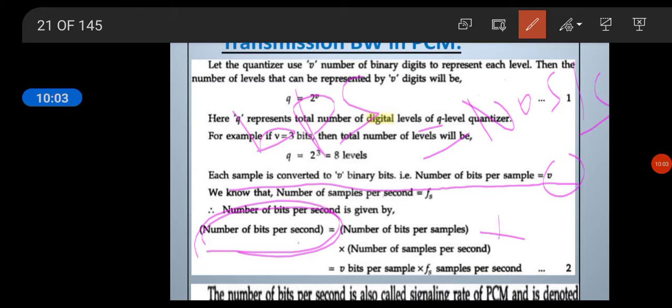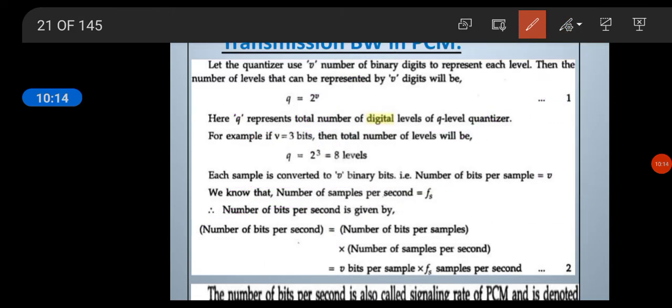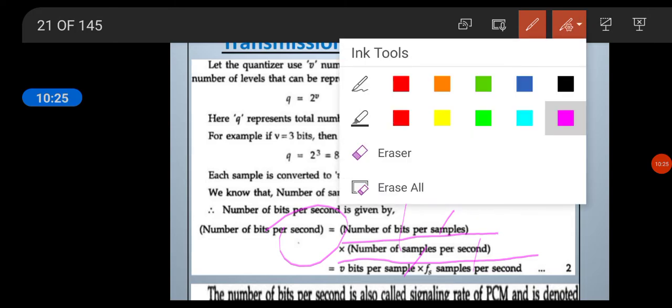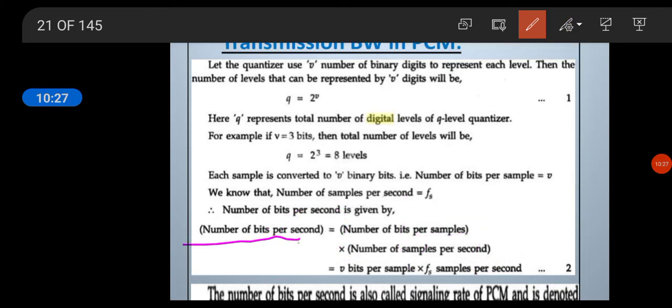The samples cancel, and we obtain bits per second.